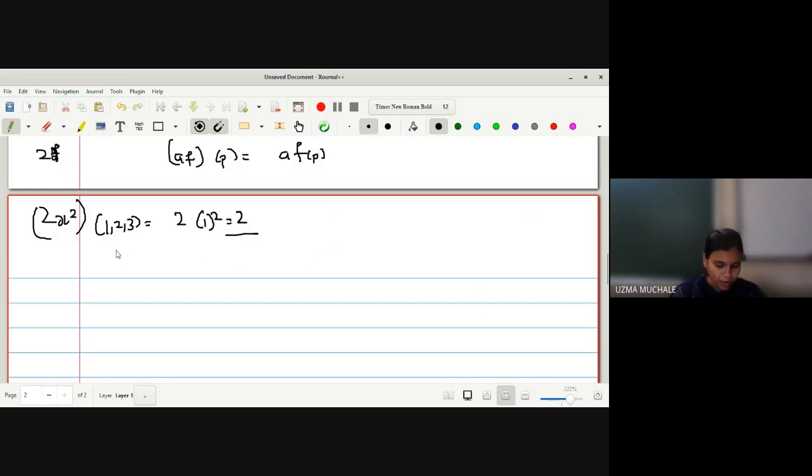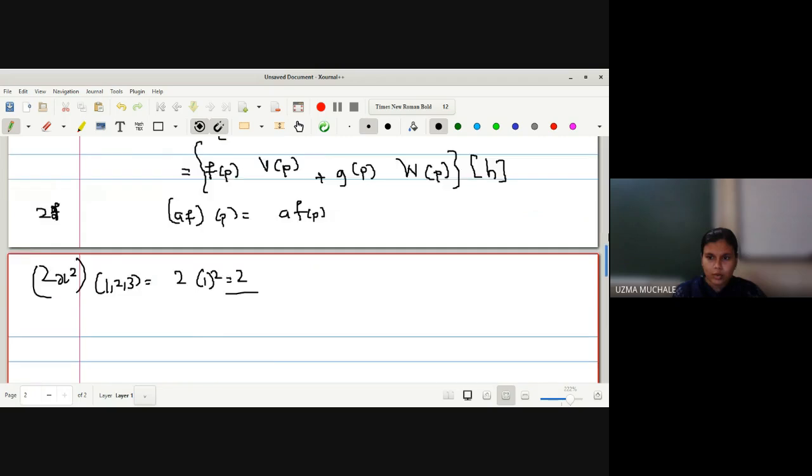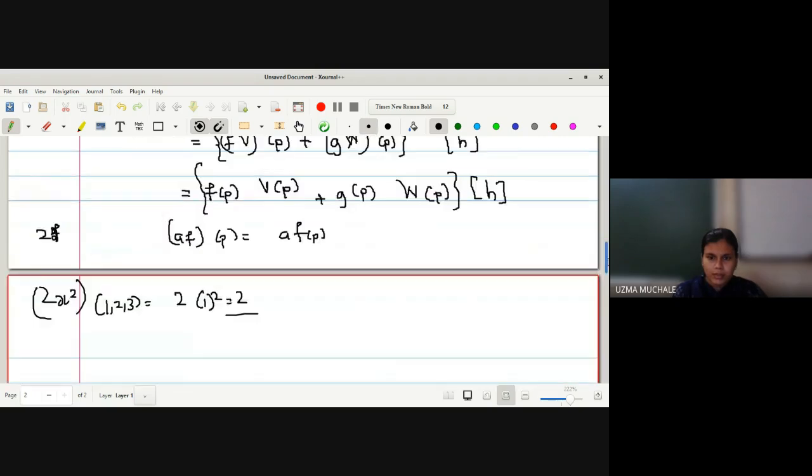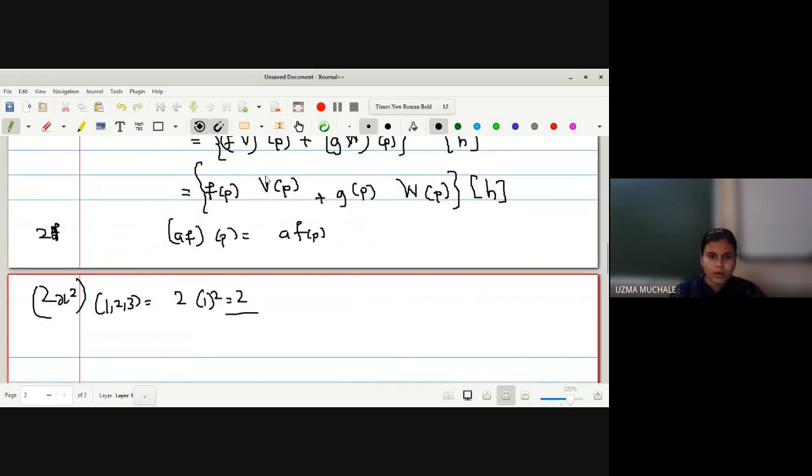Now how to write down this one? If you remember, we can again go back. How to write this one? This is a vector field evaluated at a point P. Now what I have to do?